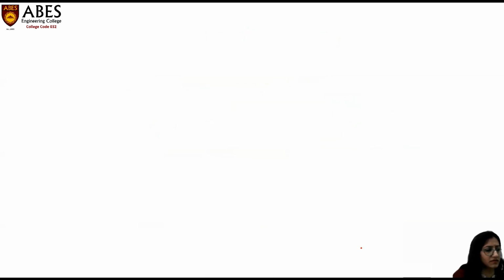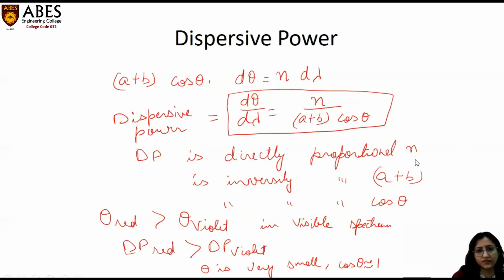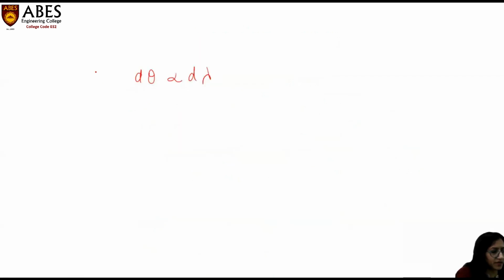In that case, d theta will be proportional to d lambda, because n by a plus b in the equation is constant.